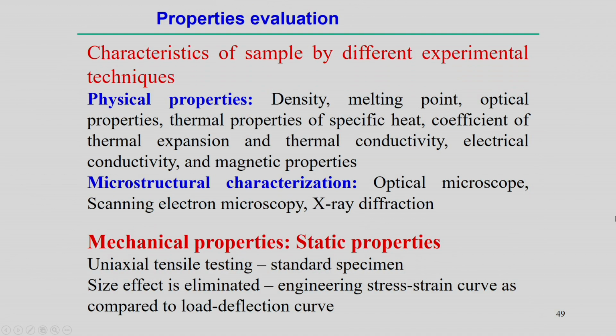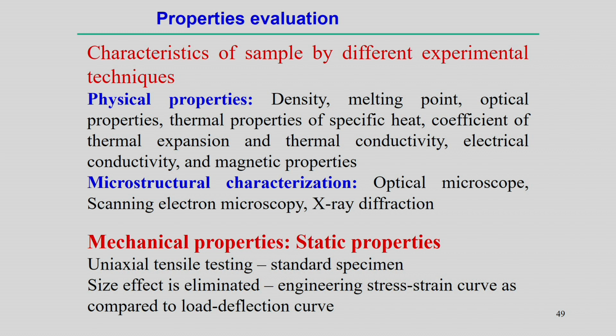So, we have already discussed the different properties we normally consider to test the quality or performance of a manufactured product, but how we can conduct these experiments, just to get some overall view on that. Properties evaluation means characterizing the sample by different experimental techniques.